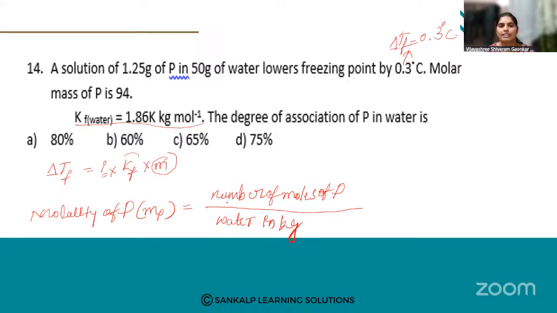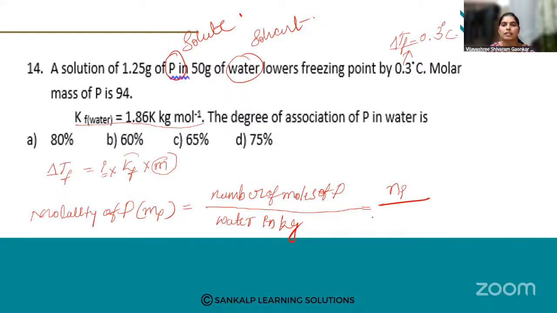I write molality as number of moles of P divided by water in kg, correct? Water is the solvent here, right? It is the solvent, and P is the solute, right? So the number of moles of P I will take as NP, okay? NP divided by water in kg.